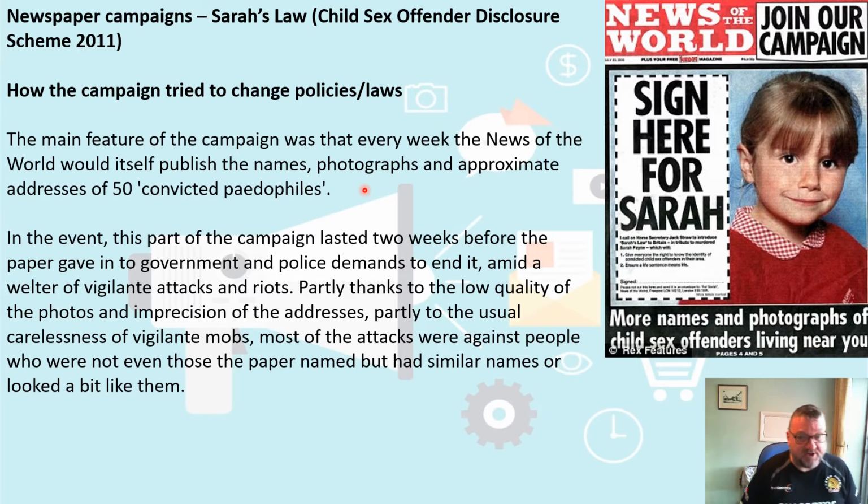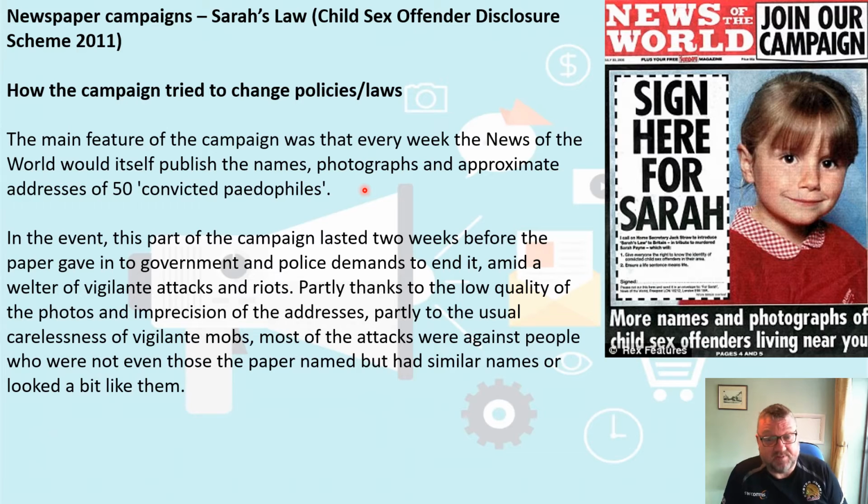So masses of people took to the streets and went round to the supposed addresses the News of the World had published. Now, partly because of the low quality of the photos and the imprecision of the addresses, and the fact that mobs are not the most controlled people and they're careless, most of the attacks that happened were against people who were not even those the paper had named, but had similar names to them and looked a bit like them.